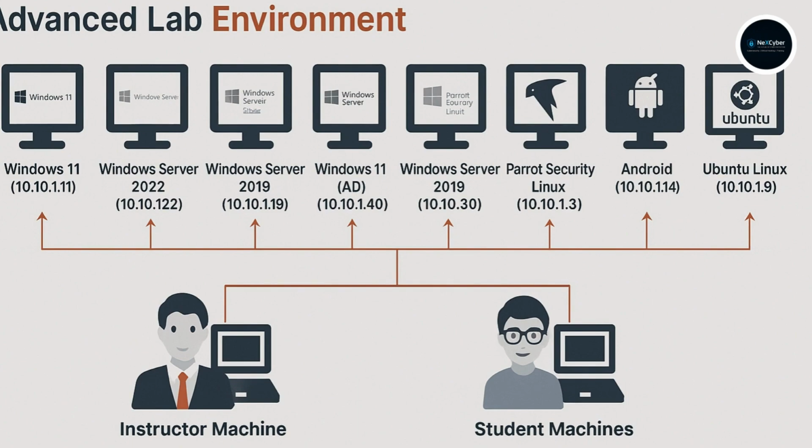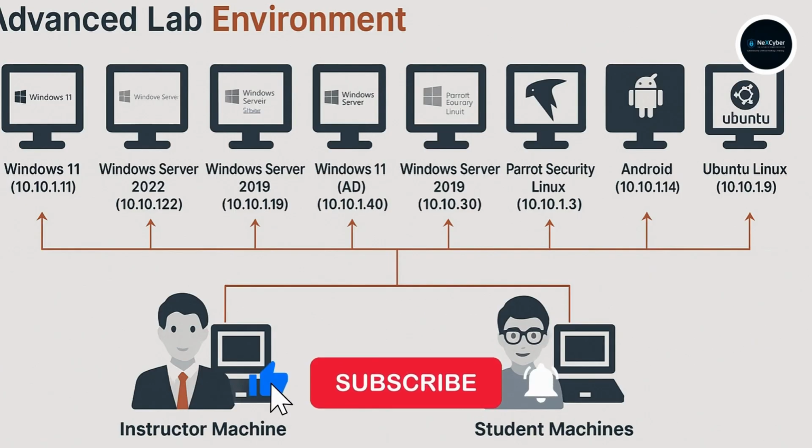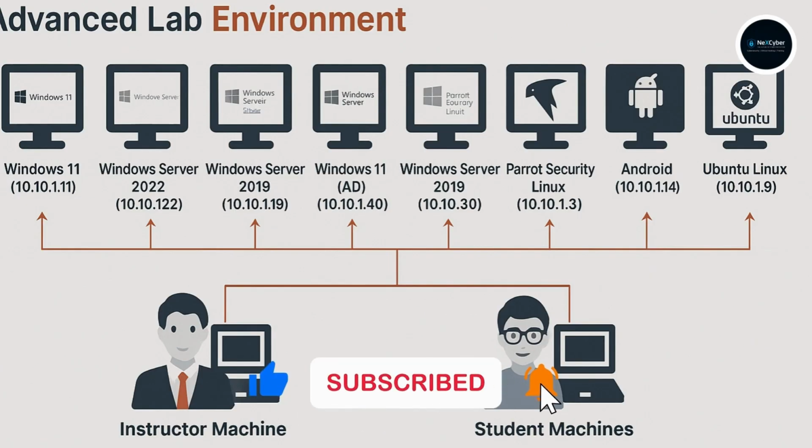We start off with Windows 11, have a couple of Windows servers. We have Active Directory. We have Parrot Security Linux, which is the Linux that we're going to be using for our hacking workstation, Android, and Ubuntu. So it's pretty good. We have a comprehensive and very nice little lab playground for you to work in.